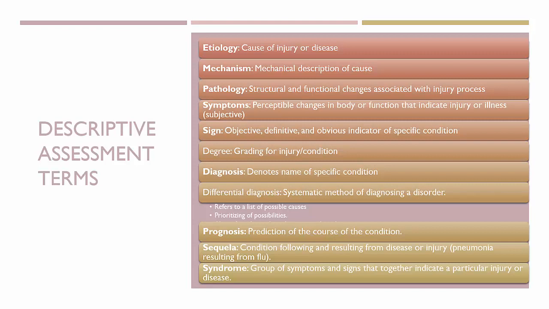A prognosis is a prediction of the course of a condition. A sequela is a condition following and resulting from a disease or injury. For example, pneumonia can commonly result from having the flu. And a syndrome is a group of symptoms or signs that together indicate a particular injury or disease process.